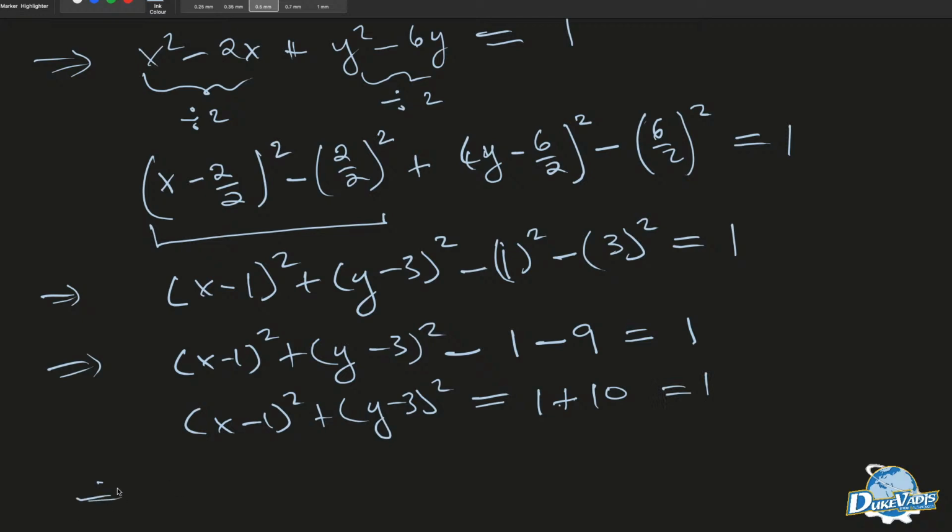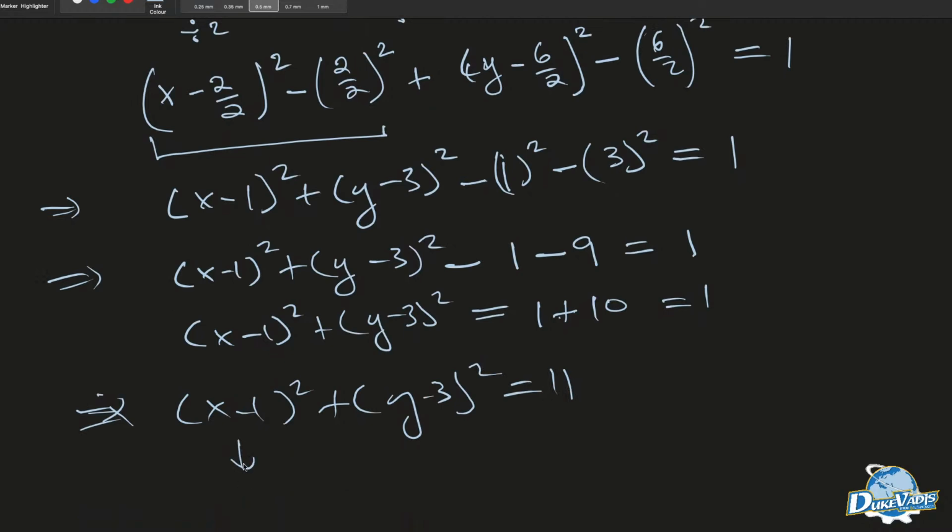So therefore our equation finally becomes (x - 1)² + (y - 3)² = 11. So straight away, you know that x is equal to 1, y is equal to 3, and r² is equal to 11. This implies that r is equal to the square root of 11. Therefore the center is (1, 3), and the radius is the square root of 11.